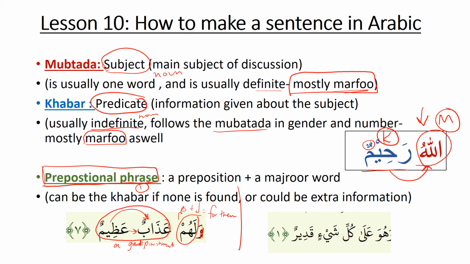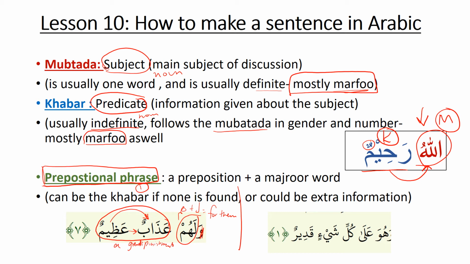So then we realize that there's only 2 parts to the sentence, lahum and adabun. So what do we make the mubtada and what do we make the khabar? The only noun in this sentence which is marfu is adabun azimun.